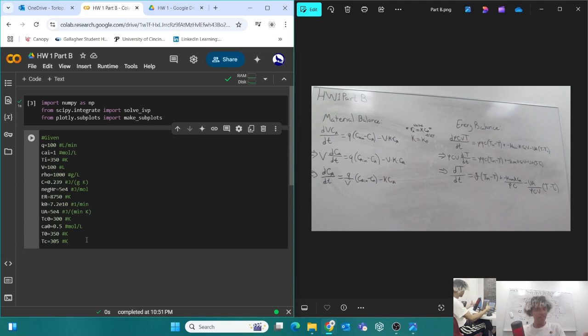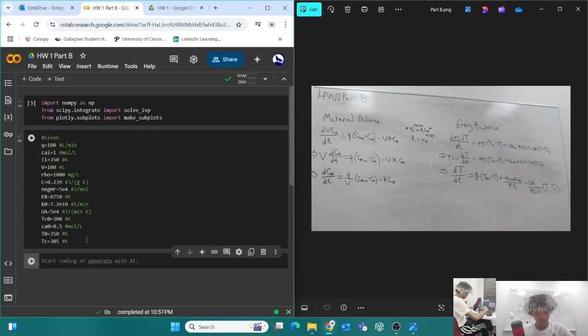What will that do to the concentration and to the temperature profiles? So, shift enter, perfect.